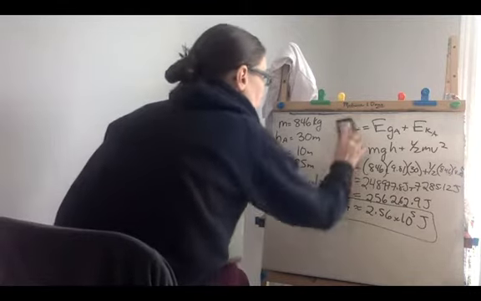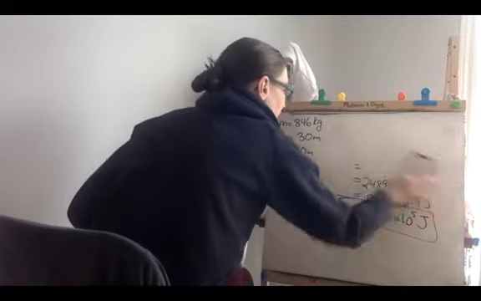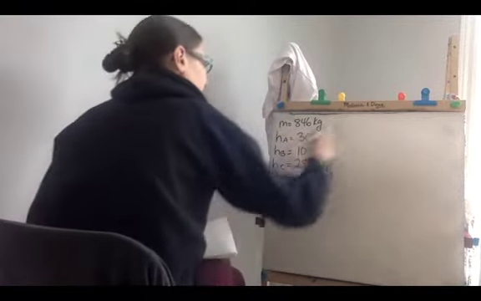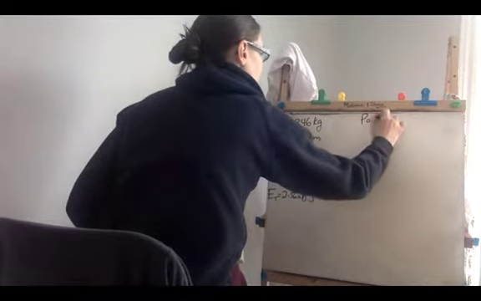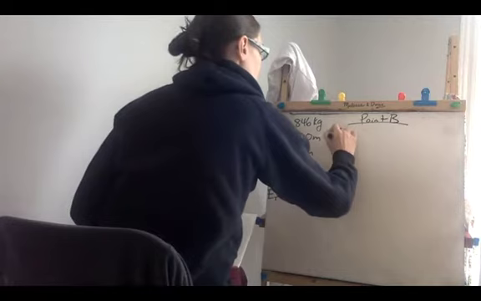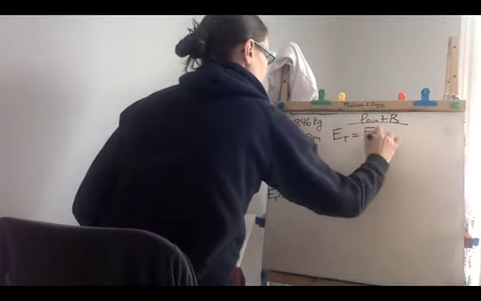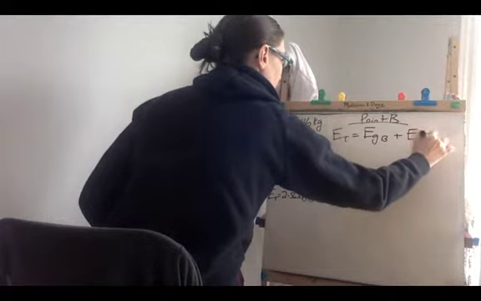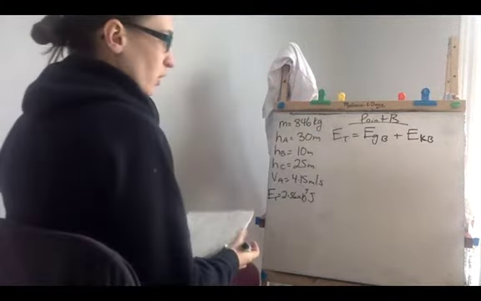Right, and we'll move on to looking at what's happening at point B and what's happening at point C. Okay, so as I said, our total would equal the sum of the gravitational potential energy and the kinetic energy at that point.